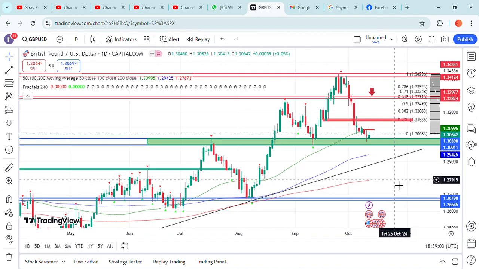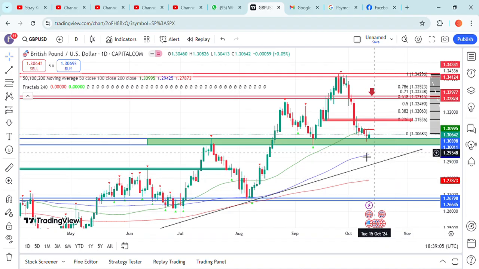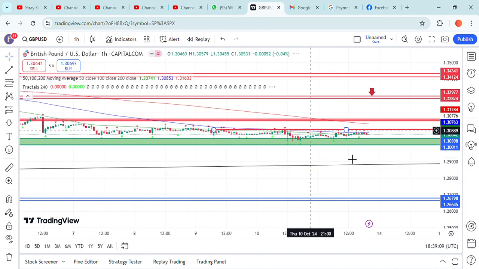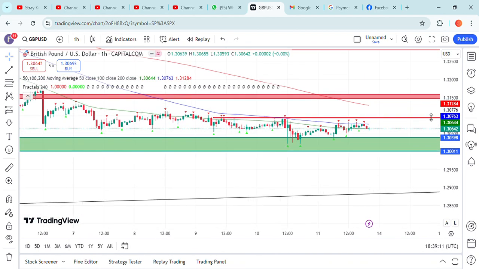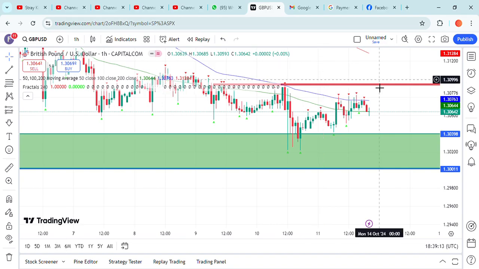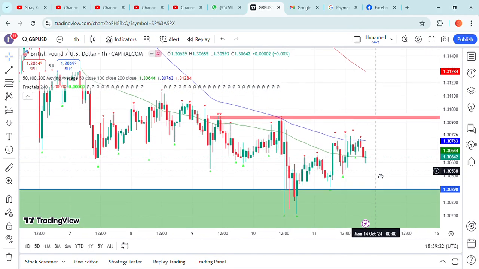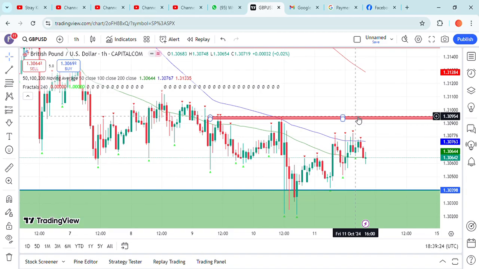Personally right here, if I show you, this is going to be the completion level around, I should say, this previous zone right here near 1.30920, or a further 29 pips. But obviously this is intraday, and the actual stuff will begin when we see some daily candles.